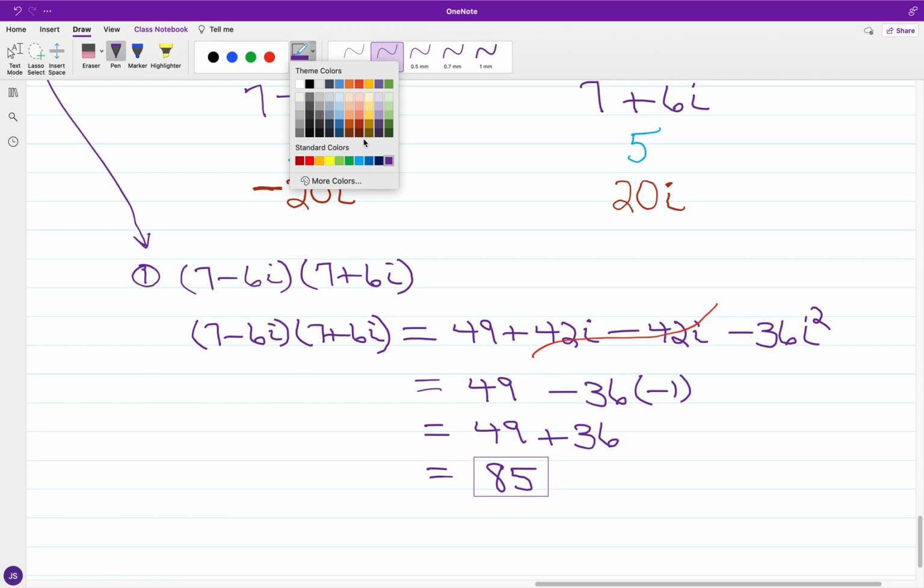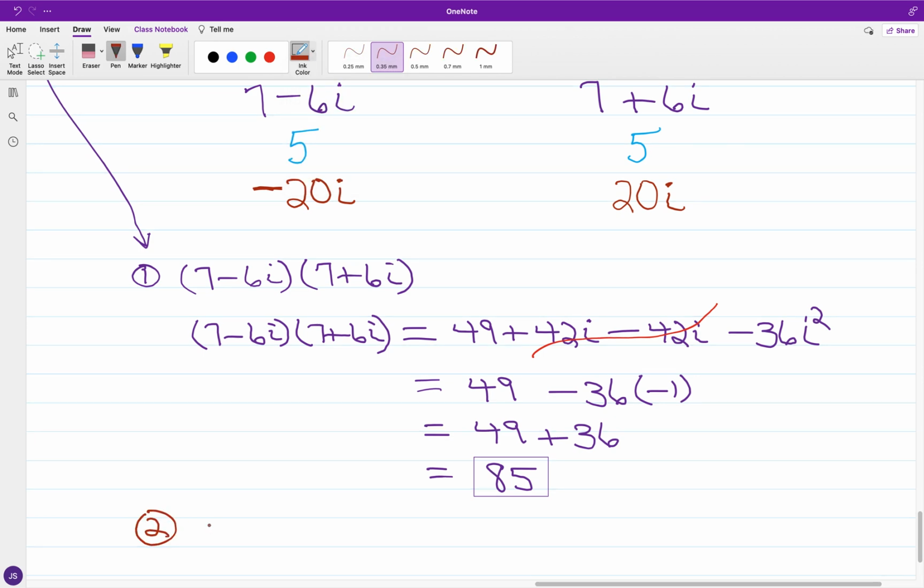And for what we have in the case of conjugates, say just for a standalone variable expression. Okay, again we had negative 20i, its conjugate is positive 20i.